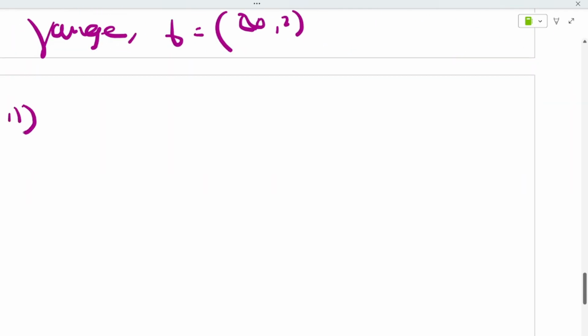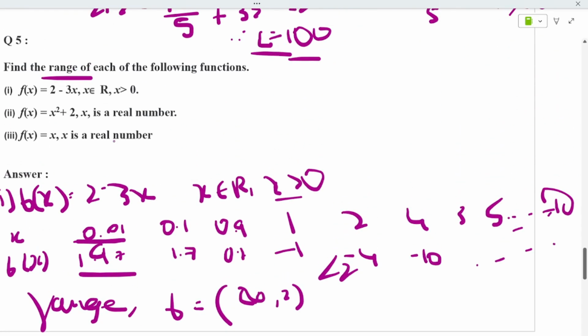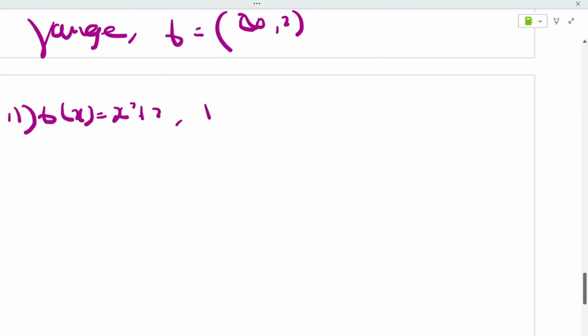For the next question, the second question, they have given f of x is equal to x square plus 2. See, x square plus 2, x is a real number. Okay, now you can take again f of x, 0.